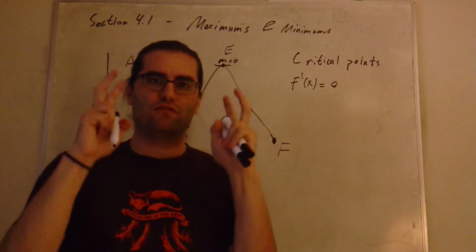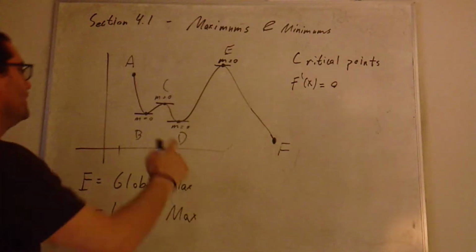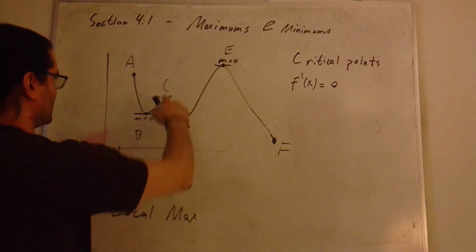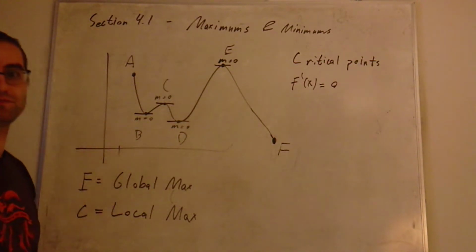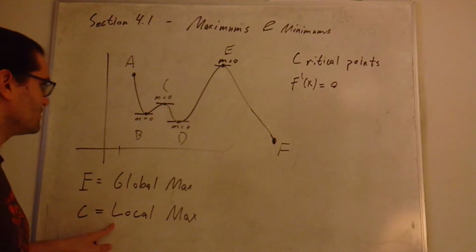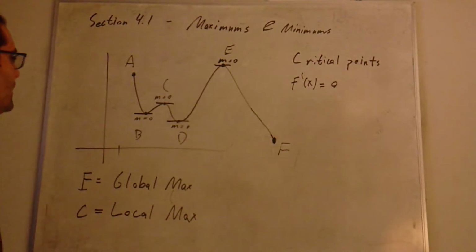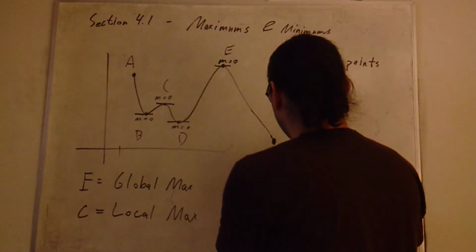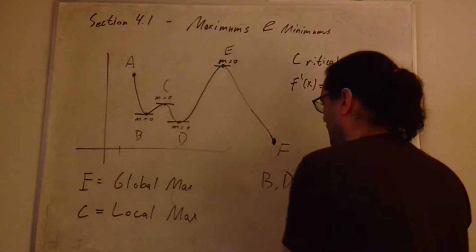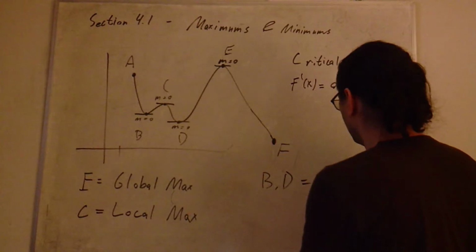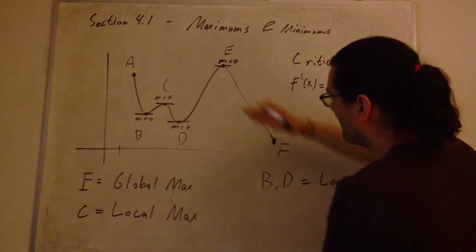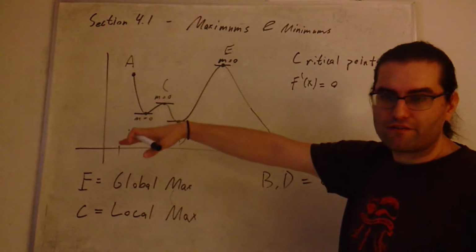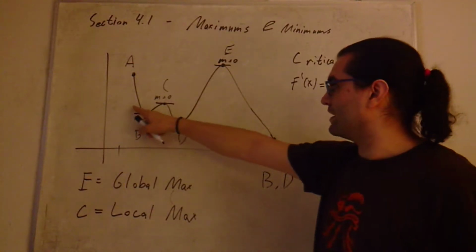In that neighborhood of points around C, that's the highest point you get. So it deserves recognition as a local max. B and D, I think we can agree, are local minimums. They're not the smallest value on the graph, but they are smaller than everything nearby.